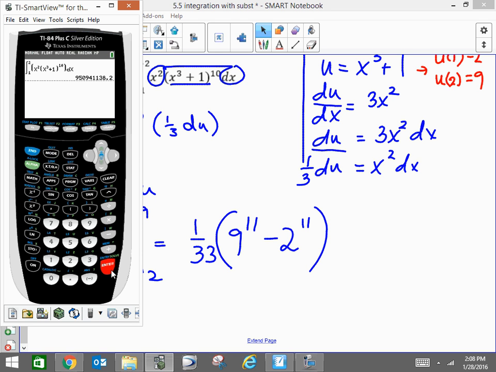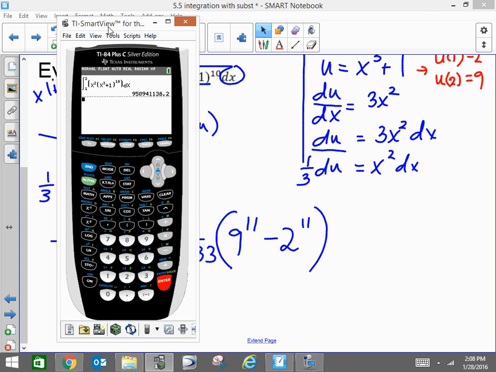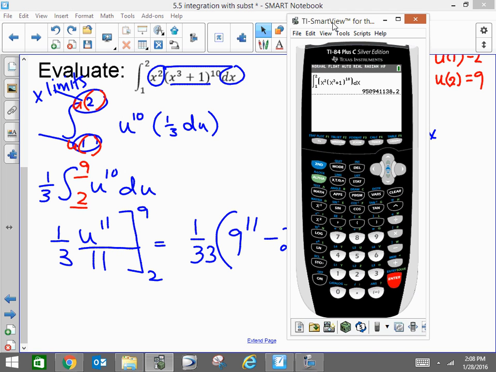Now that's probably a rounded number, but let's now put the new improved one. So let's do 1/3, then math 9. I'm doing the u one. 2 to upper limit 9. Now the calculator only accepts x's, so it doesn't matter what our variable is, x to the 10th with respect to x.